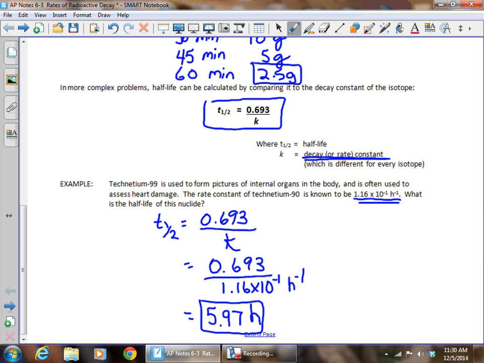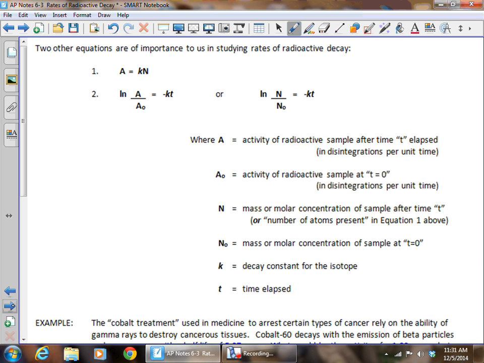Now, also keep in mind, and we'll need to use this sometimes, that you can find the decay constant if you need it by simply taking 0.693 divided by the half-life. And there are going to be times in calculations that we're going to be needing to use that particular equation. So 2 other equations are of importance.